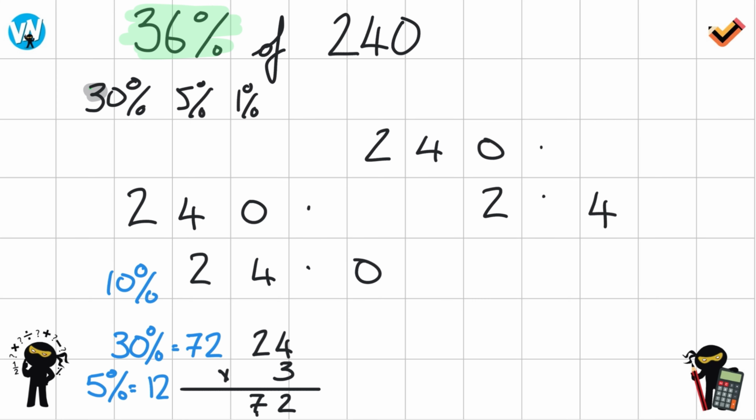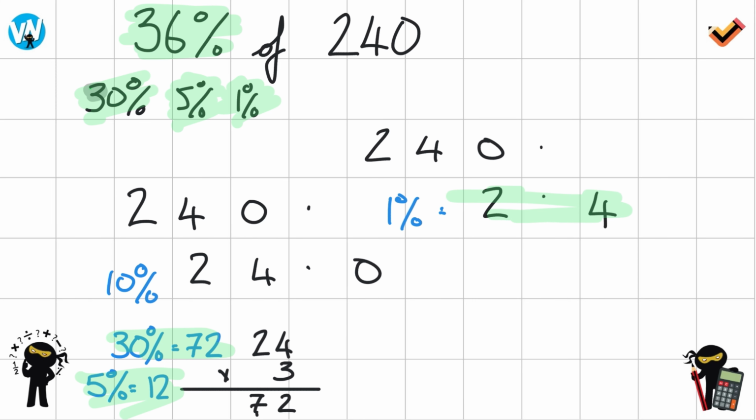So we know that 1% is equal to 2.4. So now, if we go back to the top, I've got my 30% here, I've got my 5% here, and I've got my 1% here. So I can just add them all up.